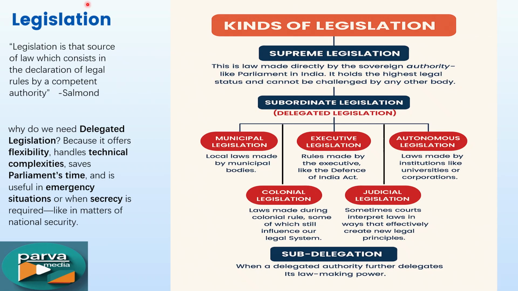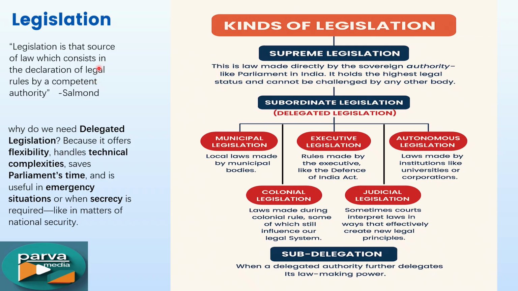Let's now deepen our understanding of legislation by looking at its definition. According to Salmond, legislation is that source of law which consists in the declaration of legal rules by a competent authority.